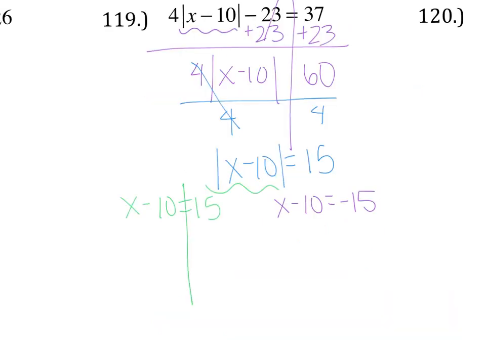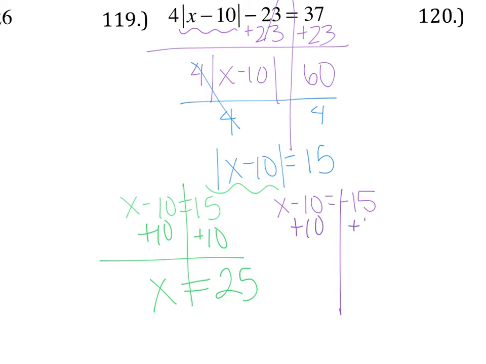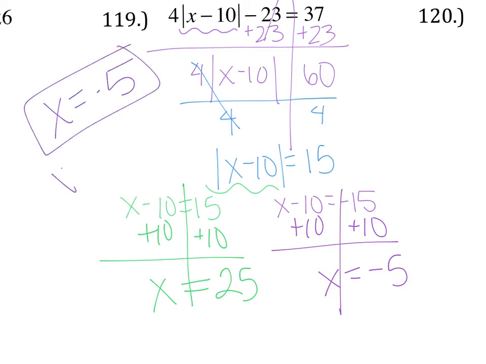So we are going to solve for x, so we'll add 10 to both sides to get x is equal to 25, and then we'll add 10 over here to both sides to get x is equal to negative 5. So x equals negative 5 and x equals 25. And it's always a good idea to go back and check to make sure that it does work out for both of those.